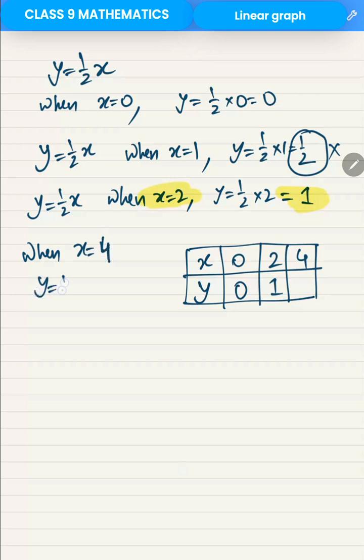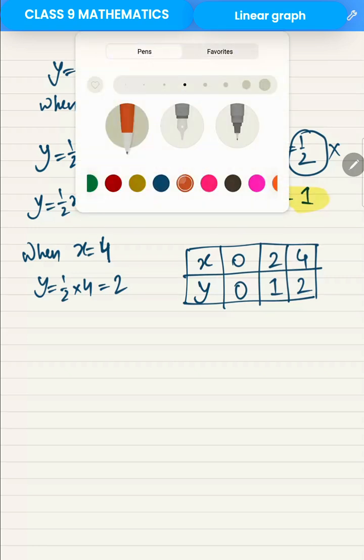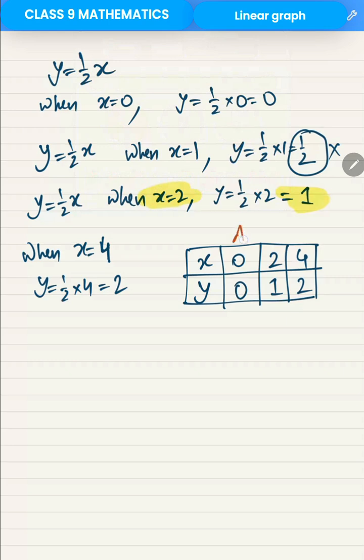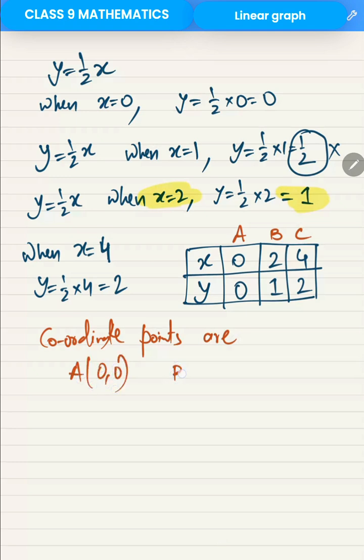It gives y is equal to 2. Put it in the table: x is equal to 4 and y is equal to 2. Now write the names of the coordinate points: capital A, capital B and capital C. Therefore capital A is (0, 0), capital B is (2, 1), and capital C is (4, 2).